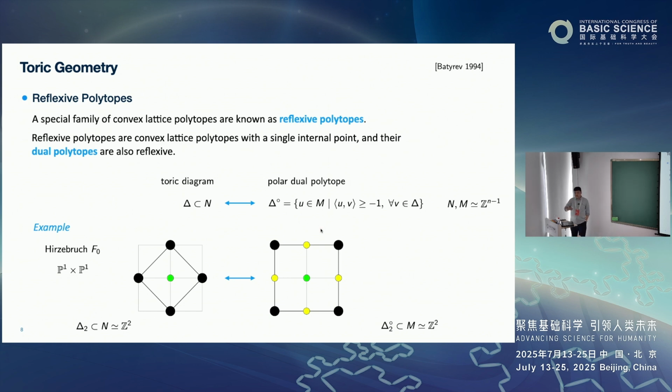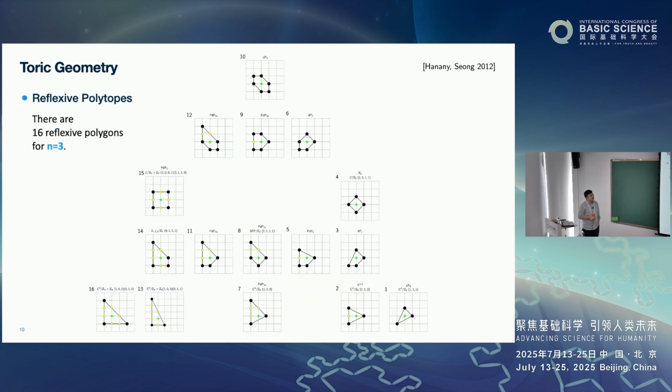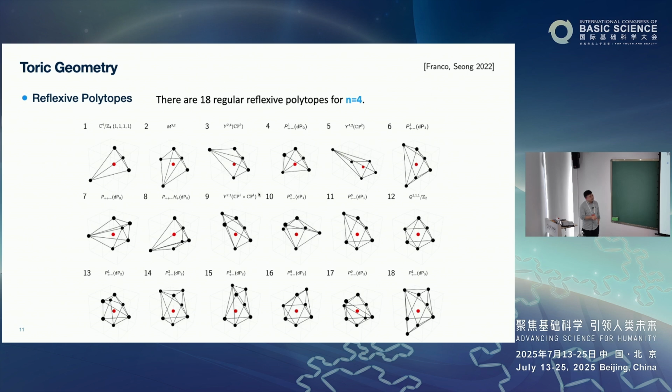So you can classify these reflexive polytopes, and they exist not only in 2 dimensions, but in 3 dimensions and higher dimensional lattices. Here you can see the lattice polytopes in 2 dimensions. There are 16 of them that are reflexive. In higher dimensions, you can also have a classification of the form.